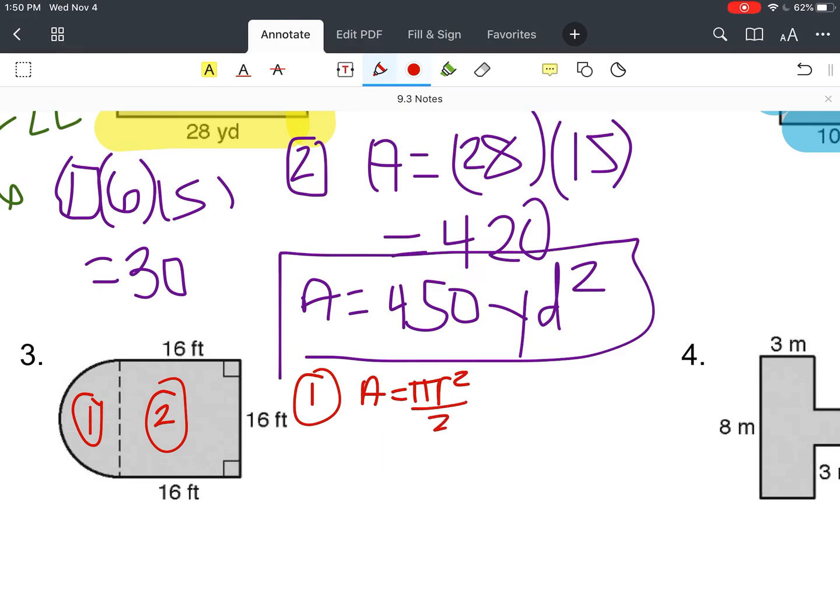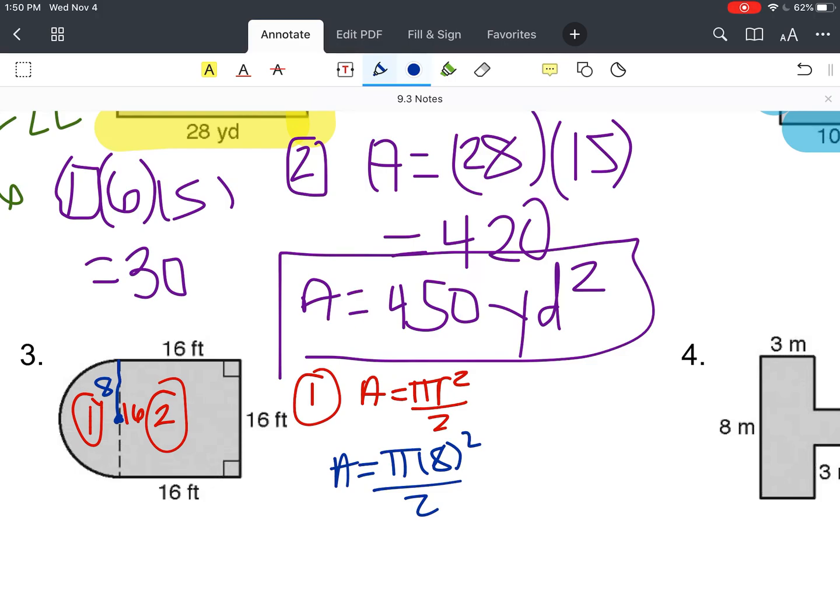To find the area for the semicircle, the area of a circle is pi r squared, but I'm only finding half the circle, so I'll divide that by 2. They told me the diameter here would be 16, but remember, I need to know the radius. Well, the radius will be half the diameter, so in this case, the radius should be 8. So the area is going to be pi times 8 squared divided by 2.